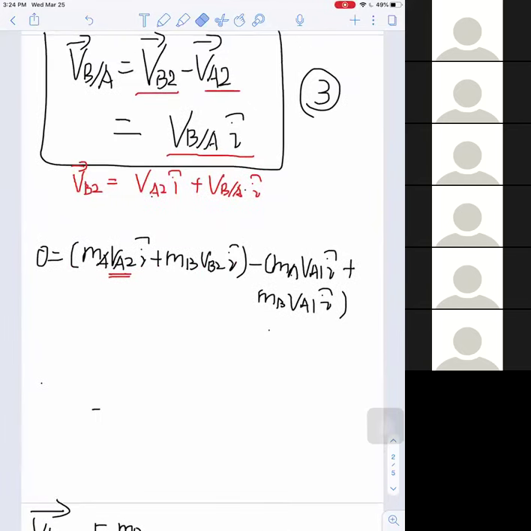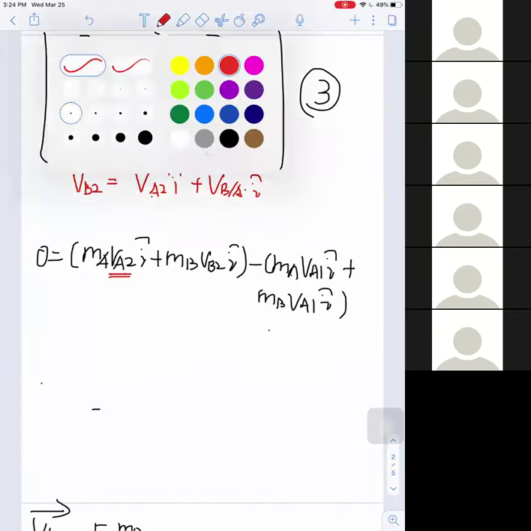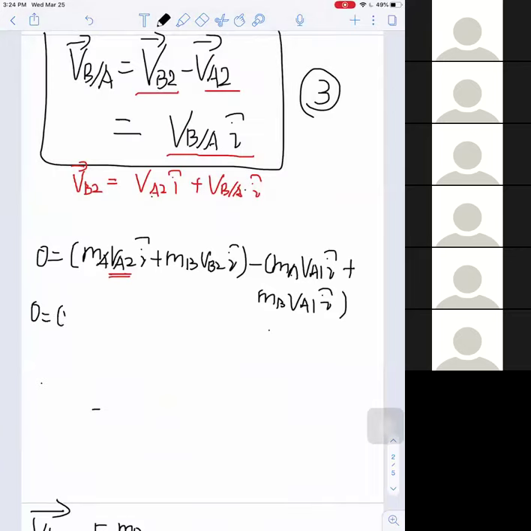By substituting vB2, we can further simplify this to 0 equals mA vA2 I plus mB (vA2 I plus vB/A I) minus (mA vA1 I plus mB vA1 I).